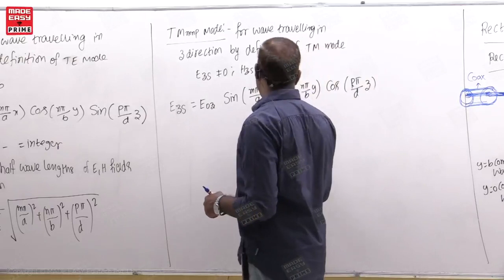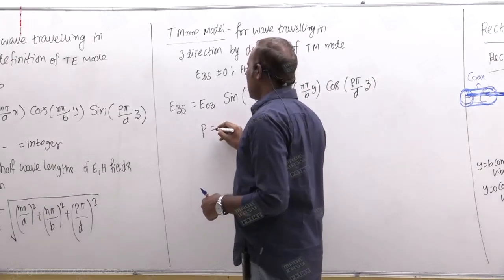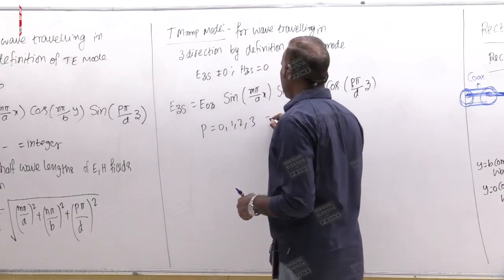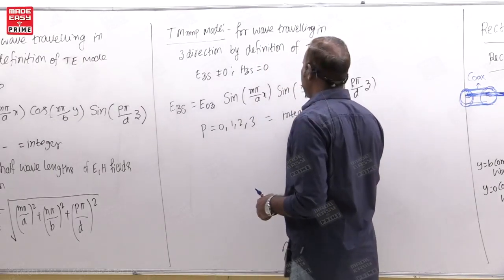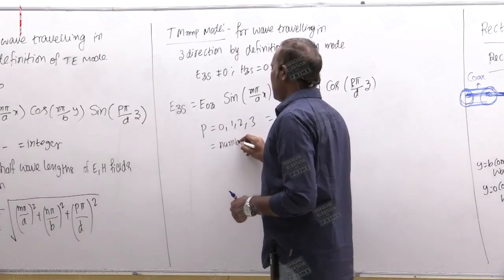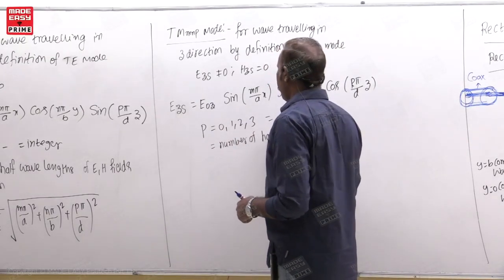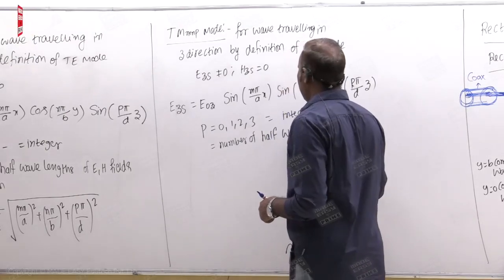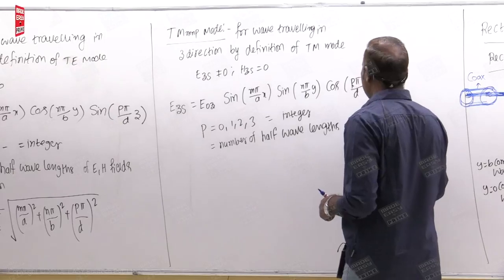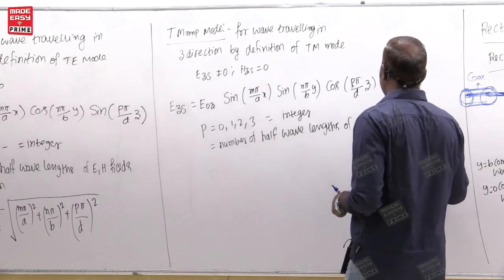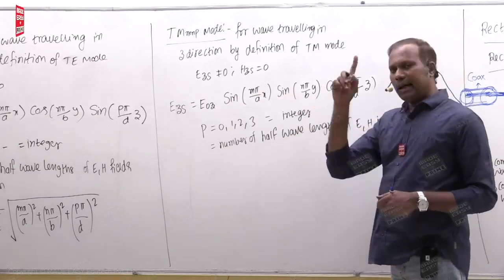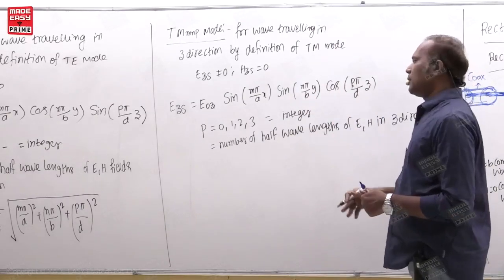Now here p can be 0 also, no problem. P varying from 0, 1, 2, 3, and so on, integer. The meaning is same: number of half wavelengths of electric and magnetic field in z direction. We are not writing Mn, already Mn written earlier, so the same meaning here.